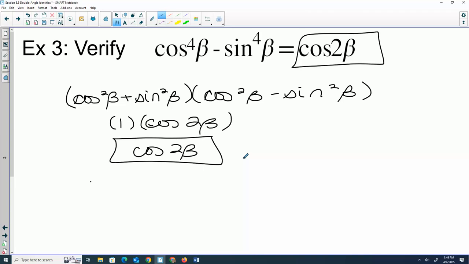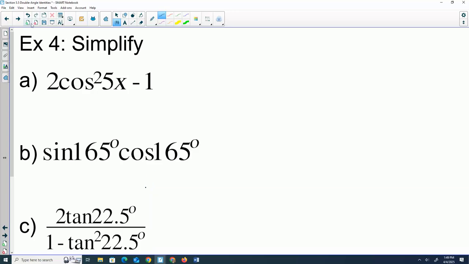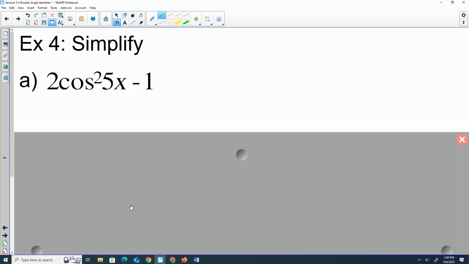Last type of problem. Let's just try simplifying some of these. If I said 2 cosine squared of 5x minus 1, and I'm just asking you to simplify this as much as you can. You're looking at your formulas.